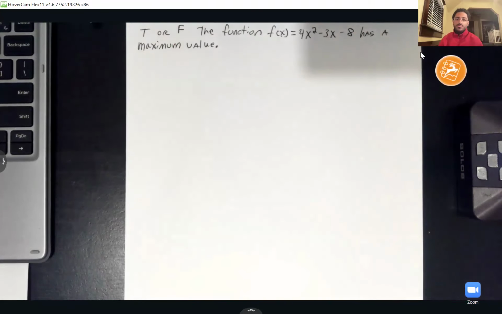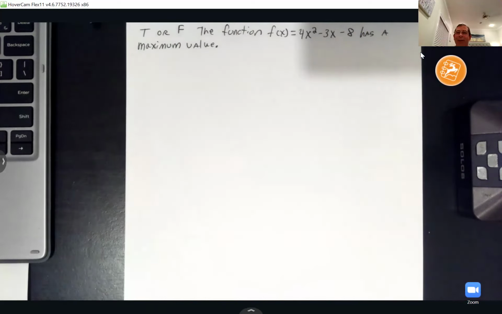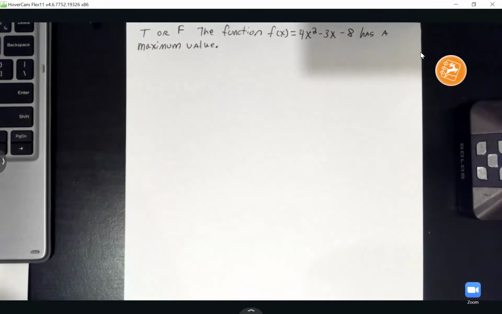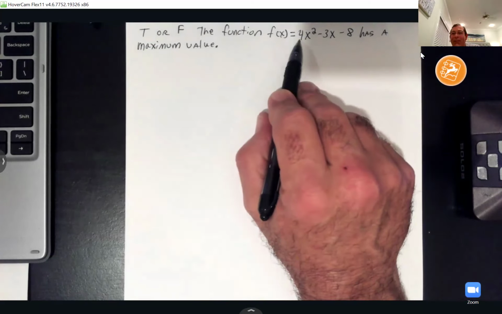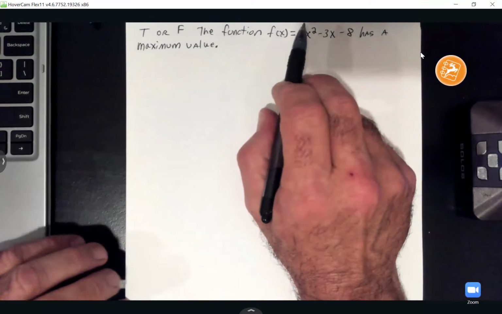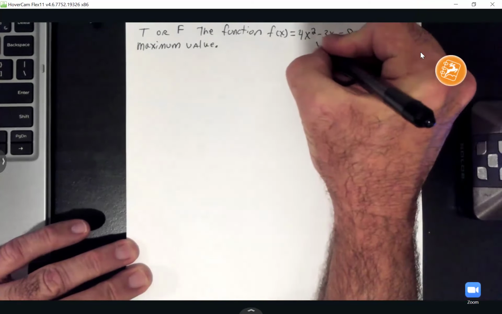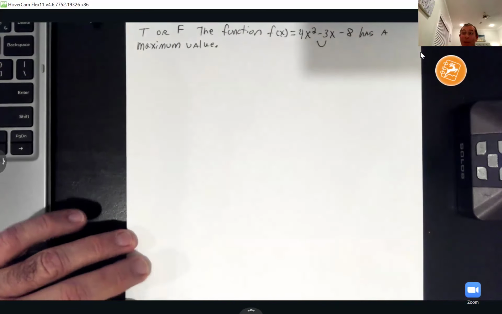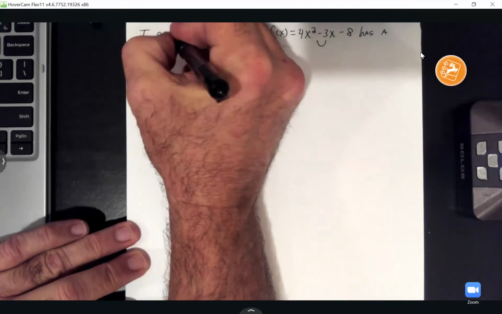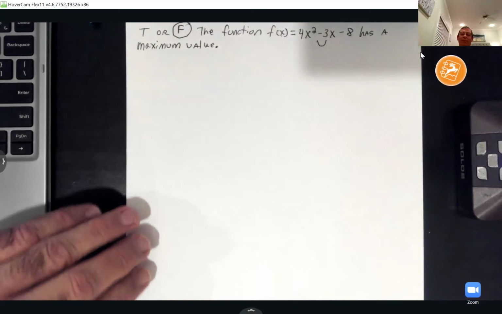False. Oh, perfect. And you're saying false because the A is positive. That's a positive 4 sitting there. And we said when that was a positive 4, that thing's going to have a minimum, right? So that is definitely false.